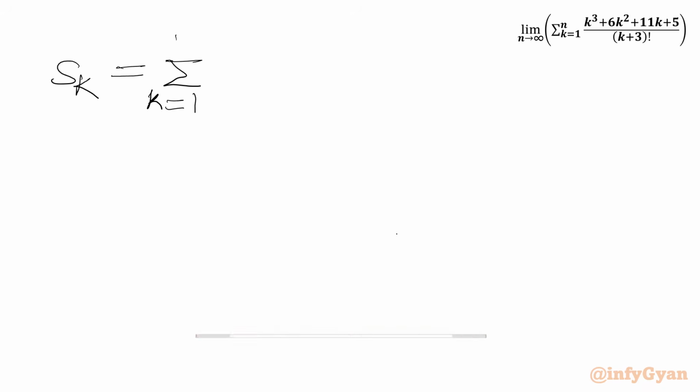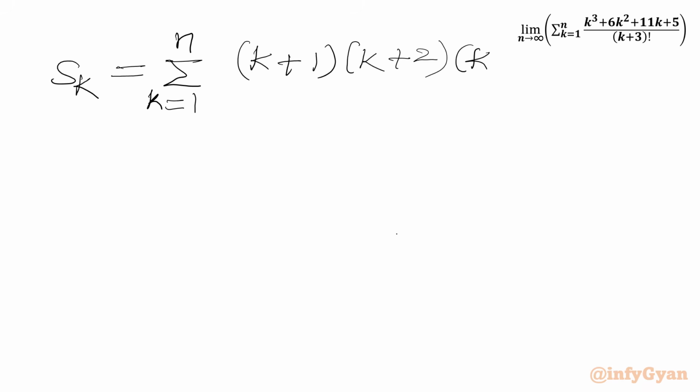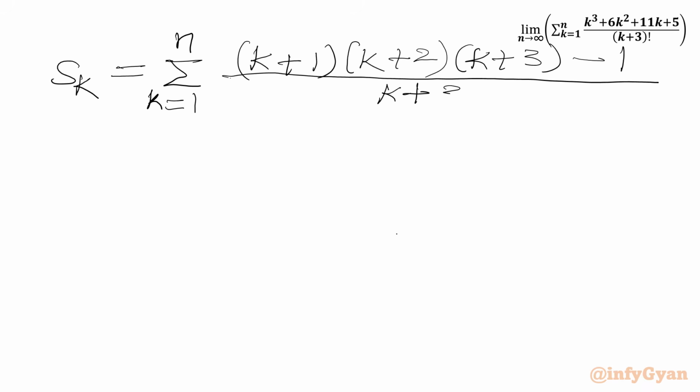So let me write here Sk will be equal to sigma k equal to 1 to n of k plus 1 times k plus 2 times k plus 3 minus 1. In the denominator, we have k plus 3 factorial.